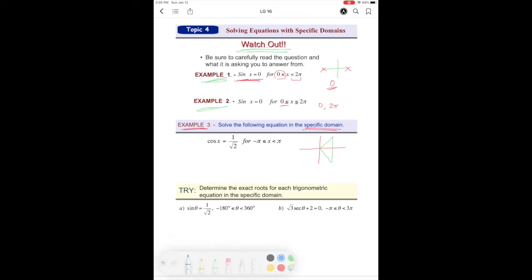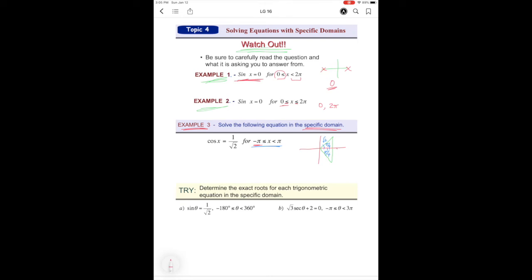And we know this guy is root 2, this is 1, so I know that is pi over 4. Now, this has got a different domain than we were used to. Up to this point, it's generally been between 0 and 2 pi. Now, watch out.